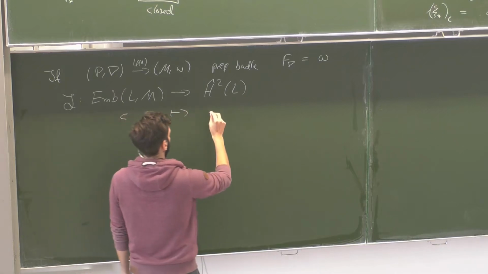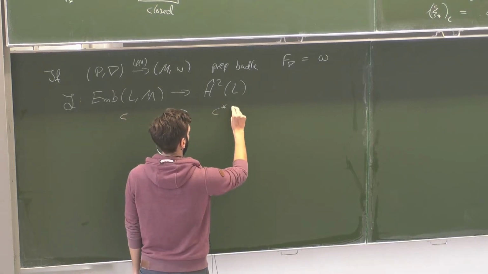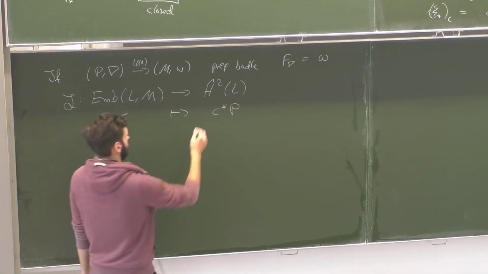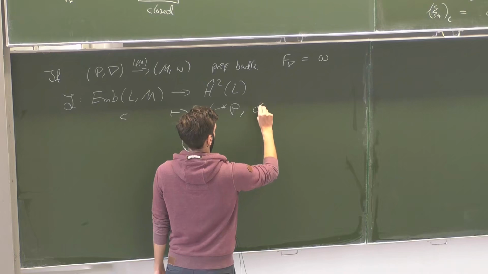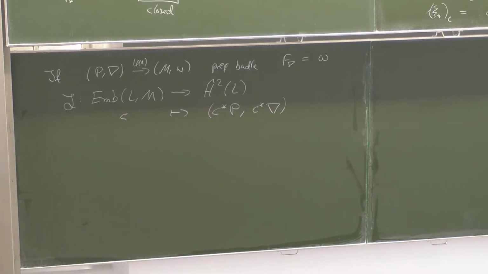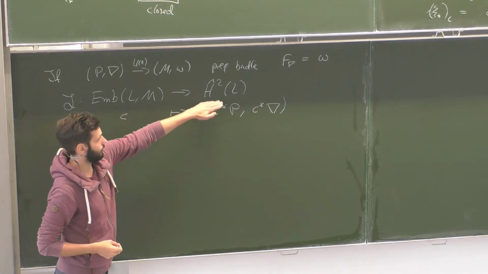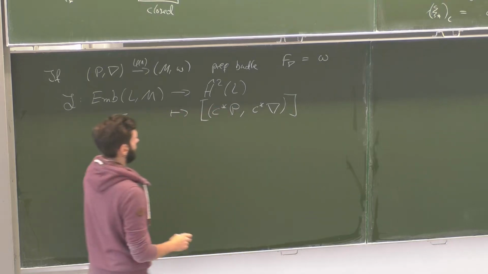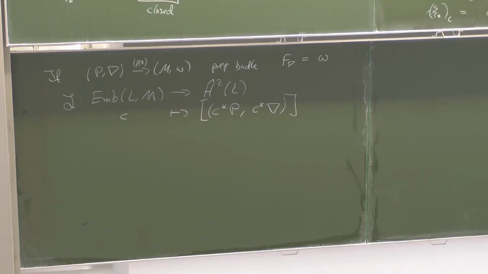You have the iota, and you just take the pullback of the bundle, so you get a bundle over L, and you take the pullback of the connection to get a connection on that pullback bundle. And that gives you, if you take them up to equivalence classes, a well-defined element in the space of gauge equivalence classes.